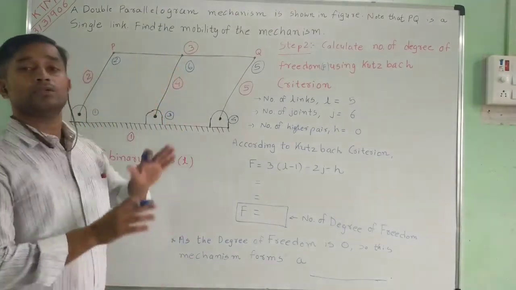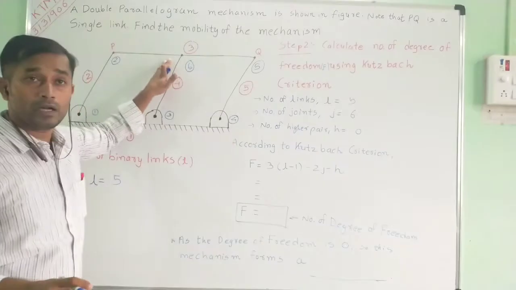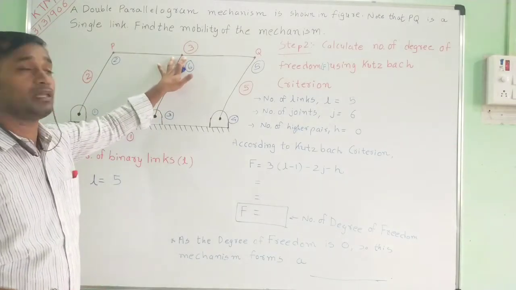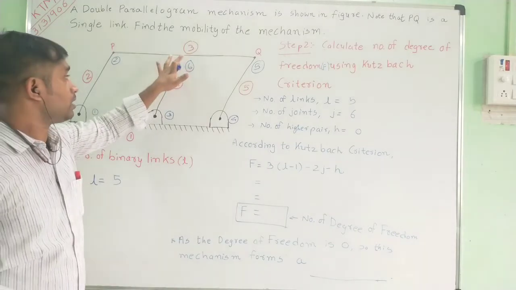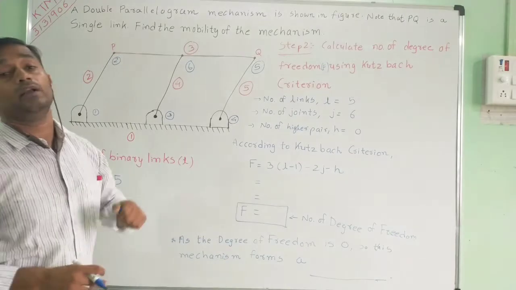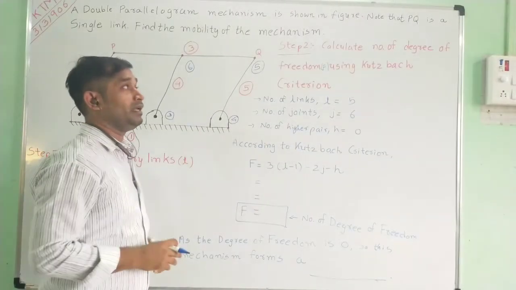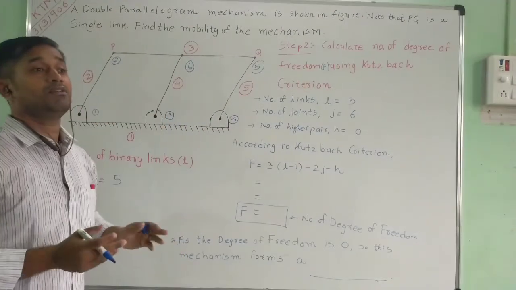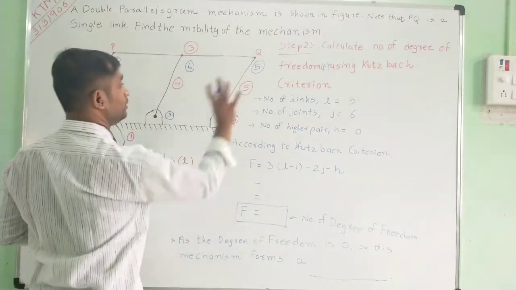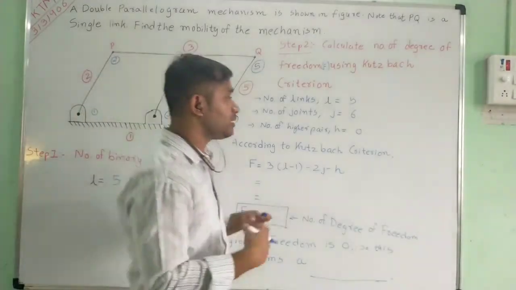It is not a ternary joint, because PQ is a single link. If you consider a ternary joint, or if in an exam problem a ternary joint is given, that is equivalent to two binary joints. At that time the number of joints is 7.